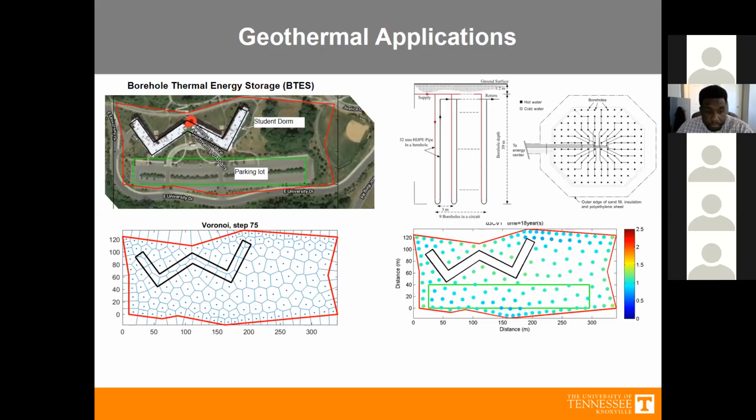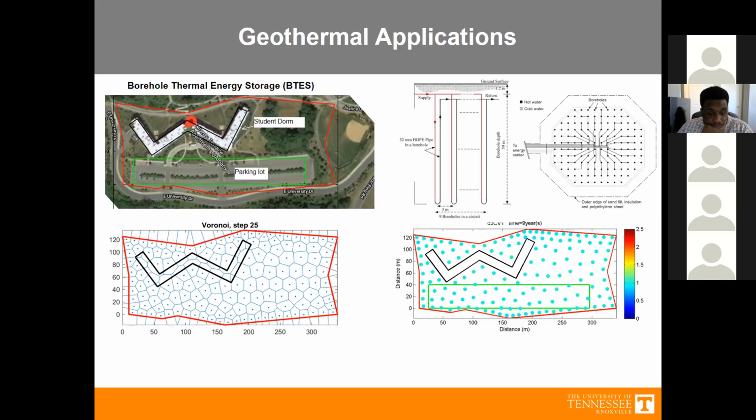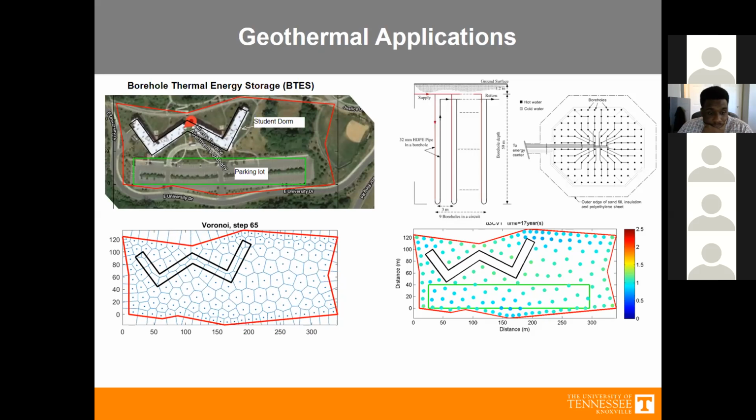And over time, what happens is that the center of this field will be cooled down. So the temperature difference between the ground and those thermal piles becomes fairly small, and a large portion of those thermal piles will become very ineffective.